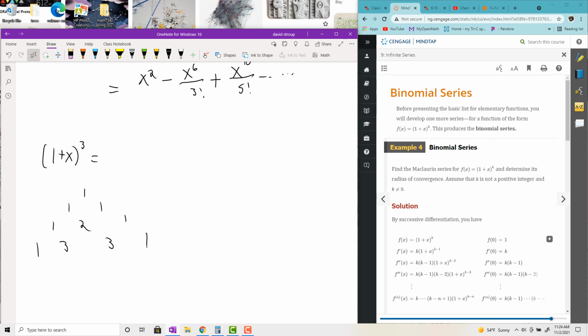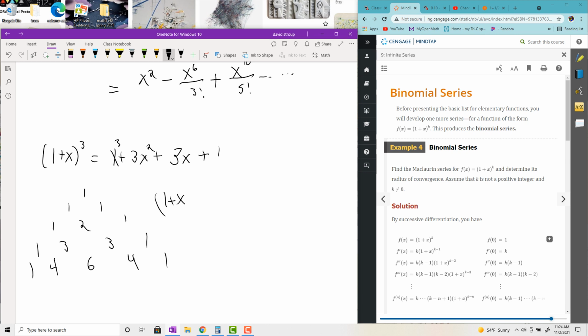So cubing this, you could literally sit there and FOIL it out, but the truth is it will just be 1 plus 3 somethings plus 3 somethings plus 1 something. Putting in some variables, it will be x cubed plus 3x squared plus 3x plus 1. So you can get around having to expand these things. You can go one more.